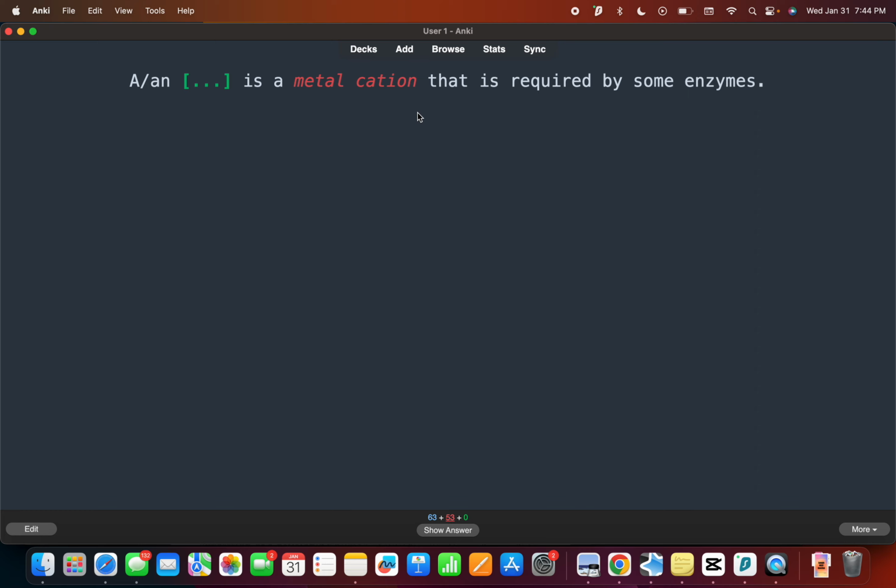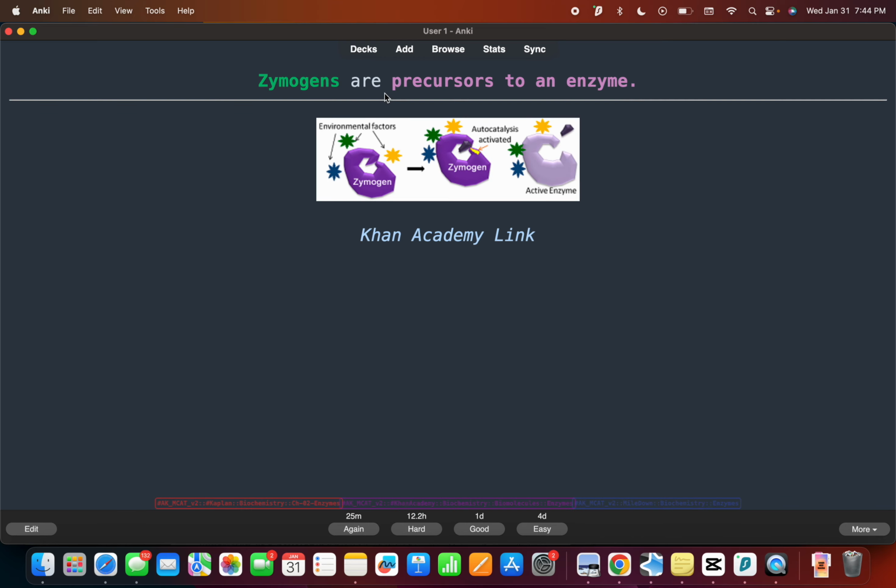What is a metal cation that is required by some enzymes? Cofactor. Precursors to an enzyme? Zymogens are precursors to enzymes. Finally, this is what zymogens are. We learned that we have zwitterions, which are the neutral form of an amino acid, like an acid base.